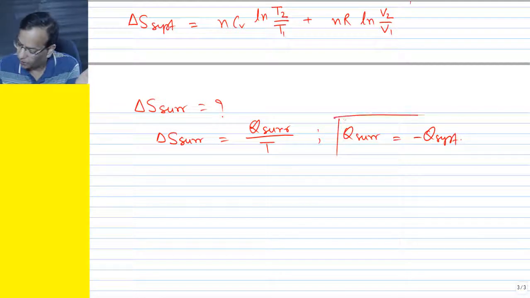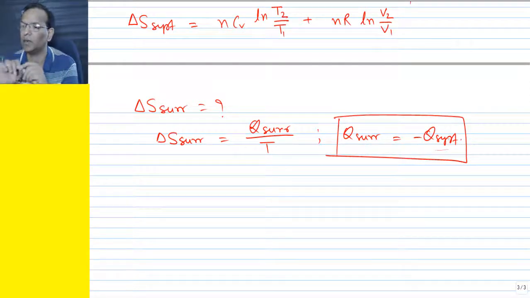Be very careful that for the system, Q system is not reversible, but for the surrounding, minus Q system, which is Q surrounding, will become reversible heat, and therefore for the surrounding we can always determine entropy change equal to Q surrounding by T, and Q surrounding will always be minus Q system.